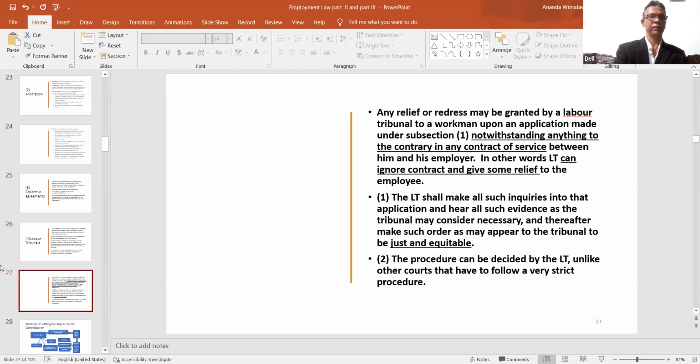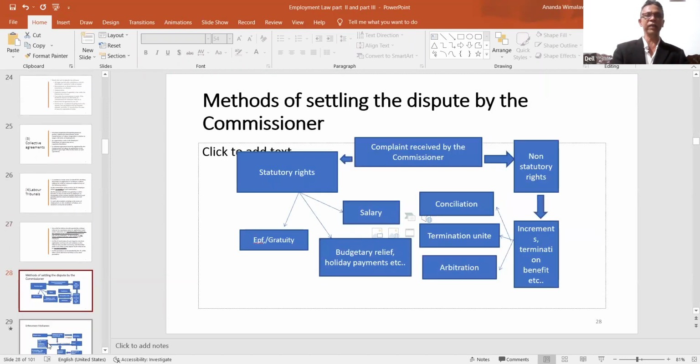Okay. Ladies and gentlemen, look at this one. Methods of settling the dispute by the commission. Again, I'm recalling your memory. The complaint received by the commissioner can be categorized into two baskets.